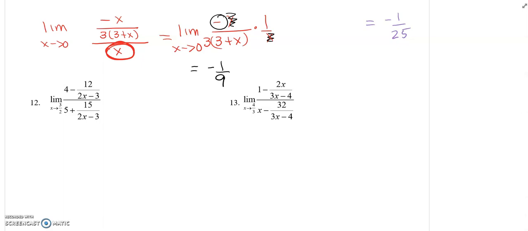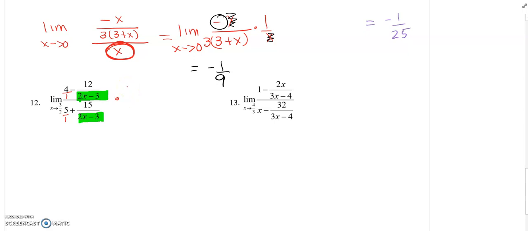So let's think about what we need to do. Though this problem looks a little bit more challenging than the ones before, we can get this to what I call a pretty state pretty quickly. Remember, 4 could be written as 4 over 1, 5 is 5 over 1. Because of that, what I'm going to choose to do is multiply this expression.